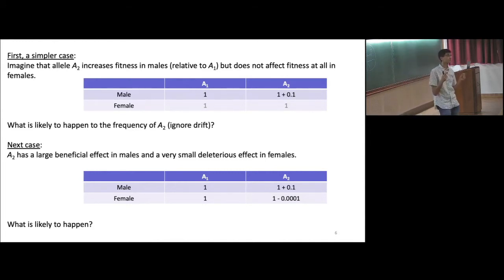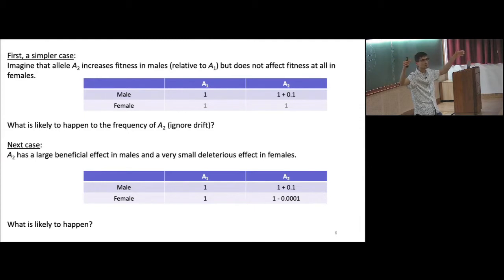Or another example, which is actually very closely related to everything I'll talk about, is imagine you had two kinds of environments, a drier environment and a wetter environment. And if you had an allele that created a large fitness advantage in the drier environment, but came at a very slight cost in the wetter environment, and individuals randomly found themselves in one of those two environments, right?